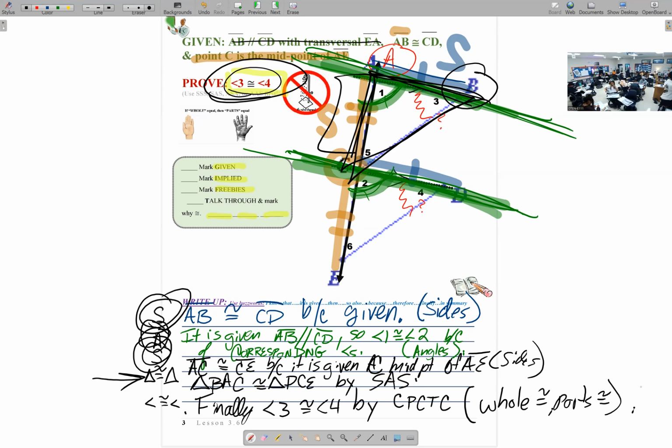Step 1, which angles do you want? Which side are you? Full triangle.